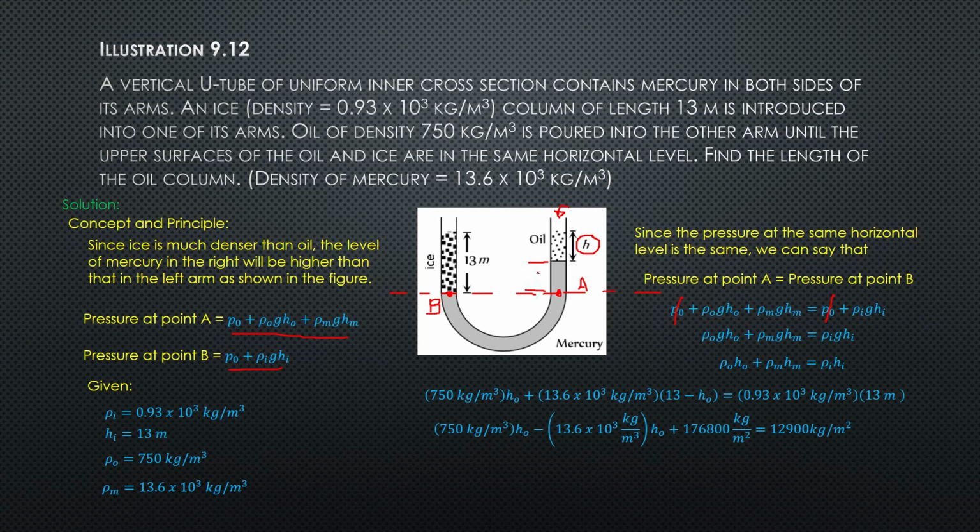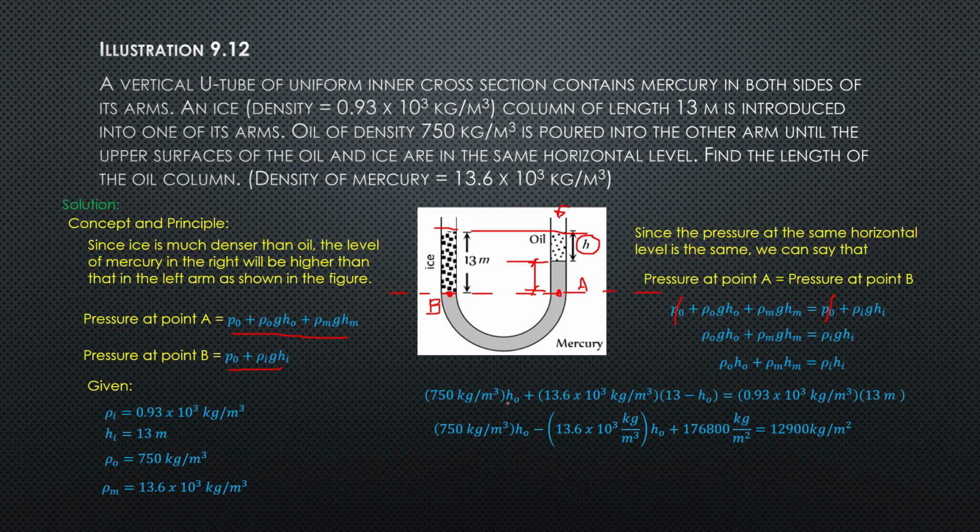The height of the mercury will be the total 13 minus h of the oil, and this will be equal to the density of the ice, 930 kilograms per cubic meter, multiplied by its height of 13.